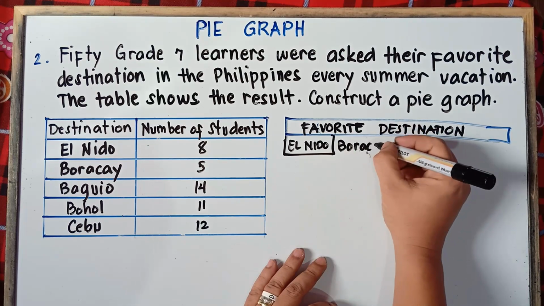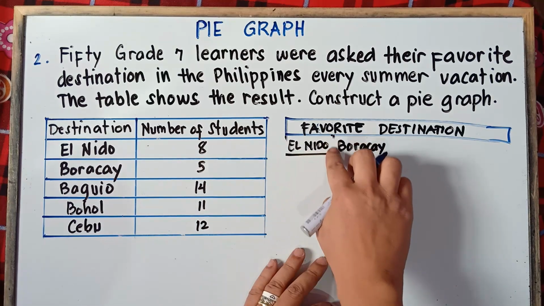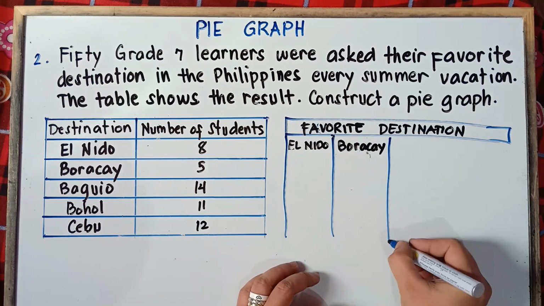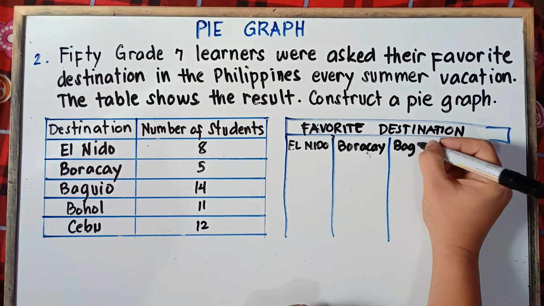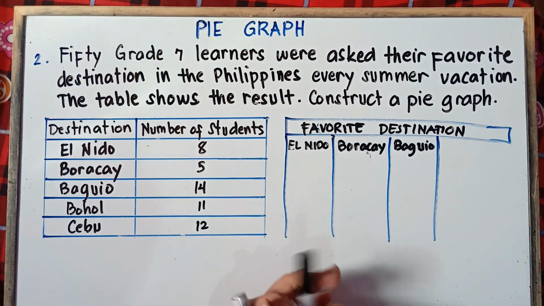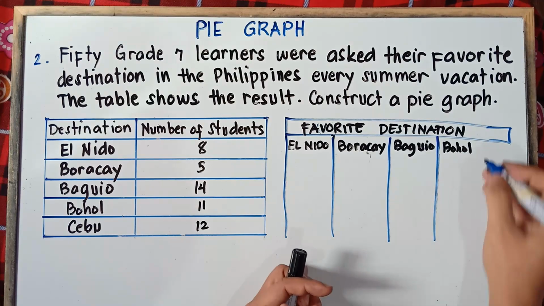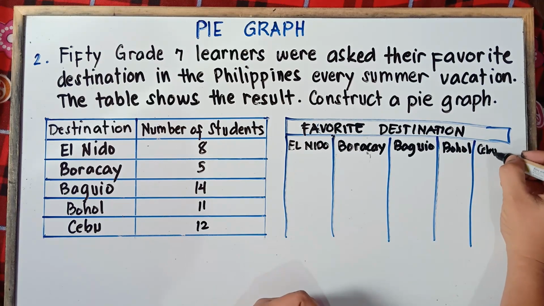So once again class, this is just a rough sketch for our table. Then later on, I will make the table for our guide. And then we have Baguio, next Bohol, and then next one will be Cebu.